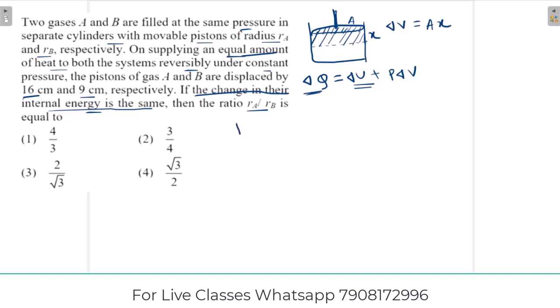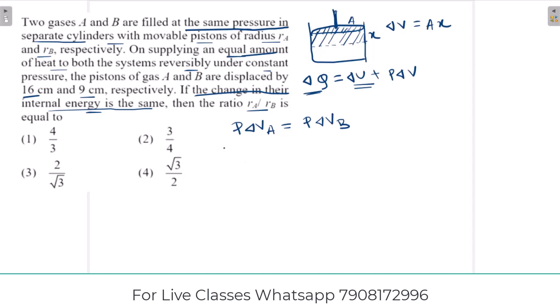So, P into delta V A is equal to P into delta V B, because the applied pressure is also same. Both are filled at the same pressure in separate cylinders. So, applied pressure is also same, that is delta VA equals delta VB. Now, we have already seen that delta V is area into displacement.